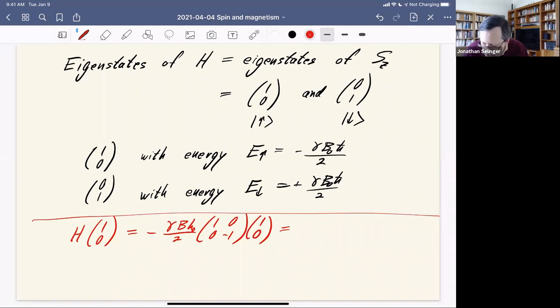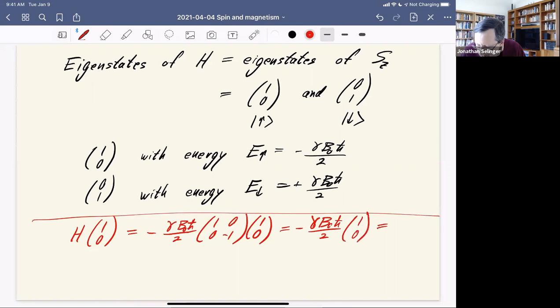If I multiply out the matrix times the vector, on the top that is 1 times 1 plus 0 times 0, and on the bottom 1 times 0 plus 0 times minus 1.